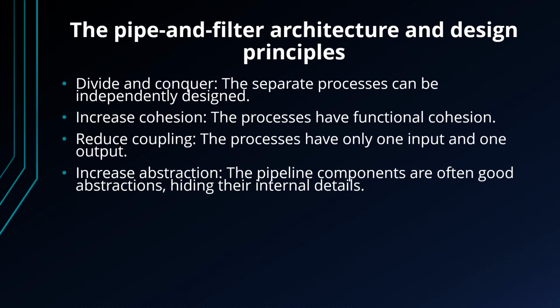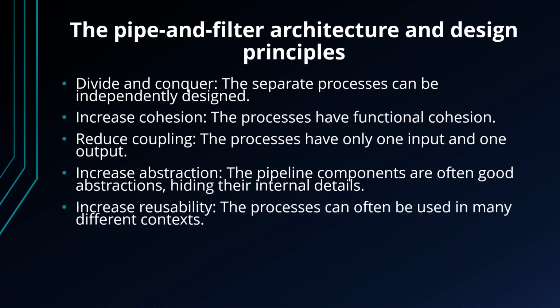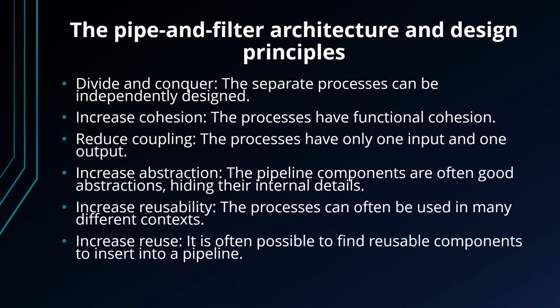Increase abstraction: the pipeline components are often good abstractions, hiding their internal details. Increase reusability: the processes can often be used in many different contexts. In increased reuse, it is often possible to find reusable components to insert into a pipeline.